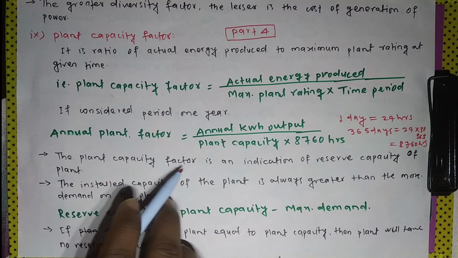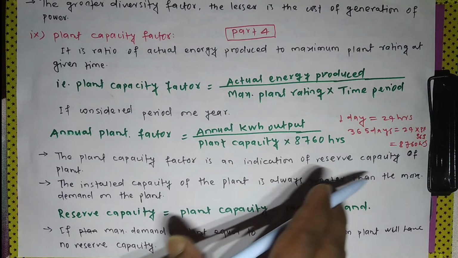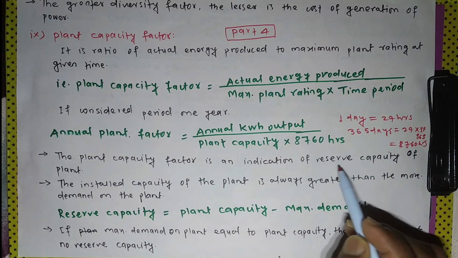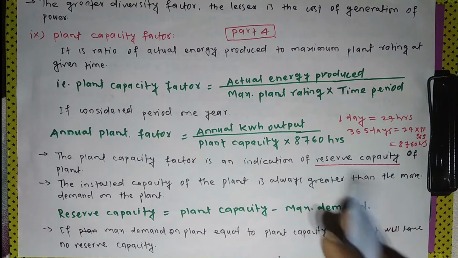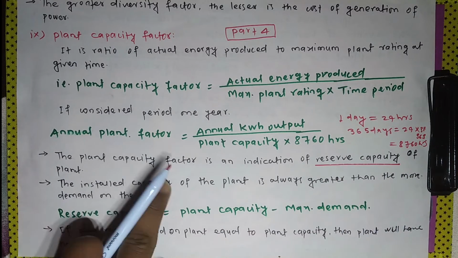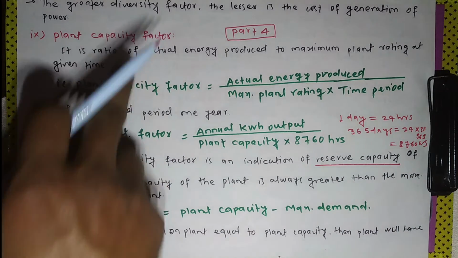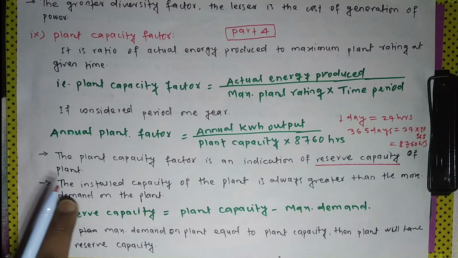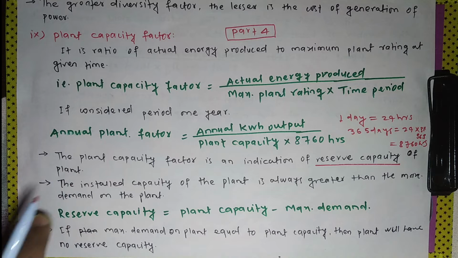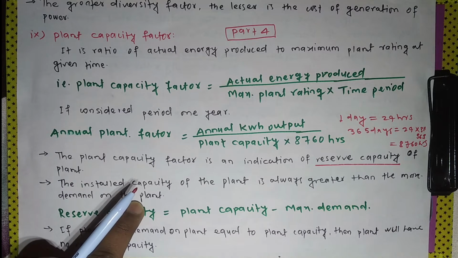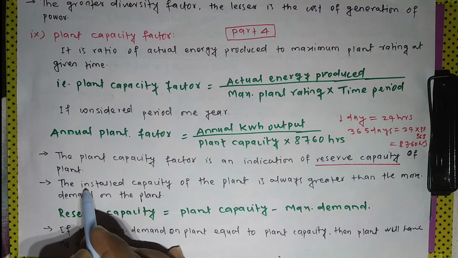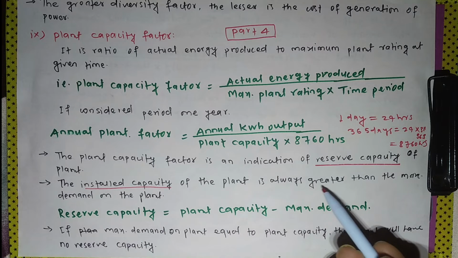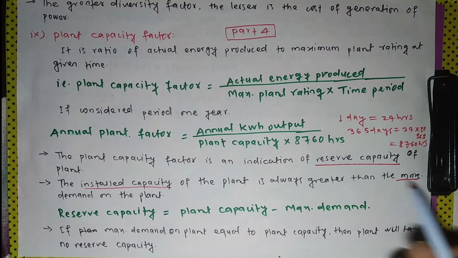The plant capacity factor is an indication of reserve capacity of the plant. Reserve capacity means the storage capacity of that plant. The installed capacity of a plant is always greater than the maximum demand on the plant.